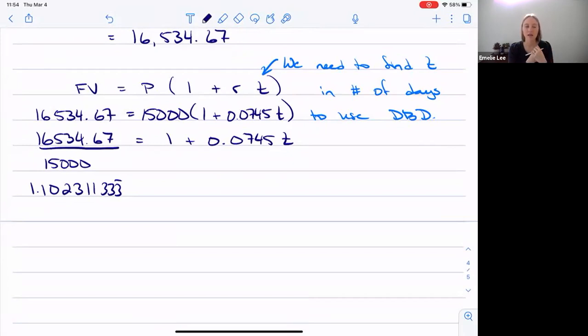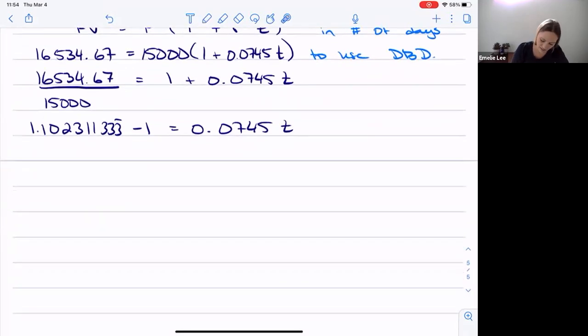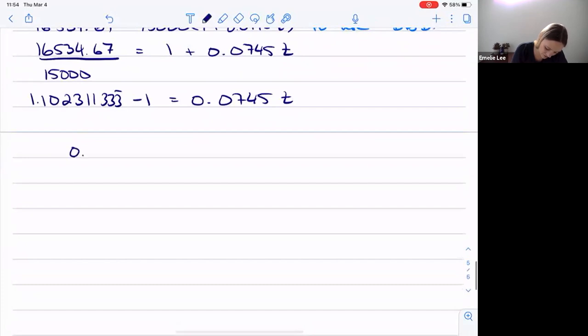You have to keep all your decimal places. Minus 1 is 0.0745 times t. I'll switch these so the t is on the left-hand side, still multiplied by 0.0745. So 0.0745 t is 0.102311333, repeating.